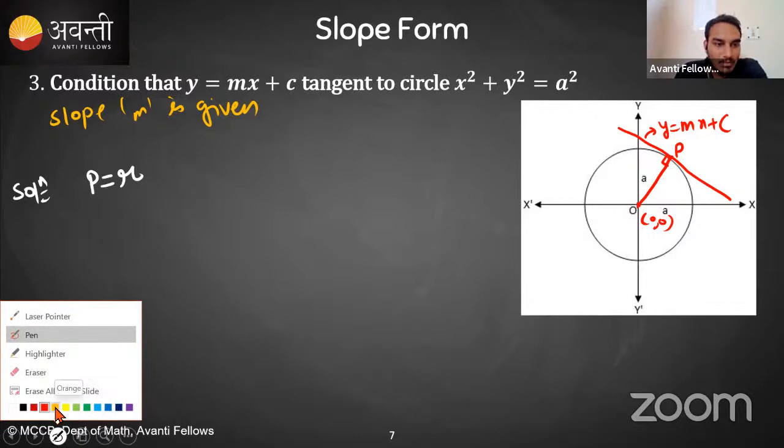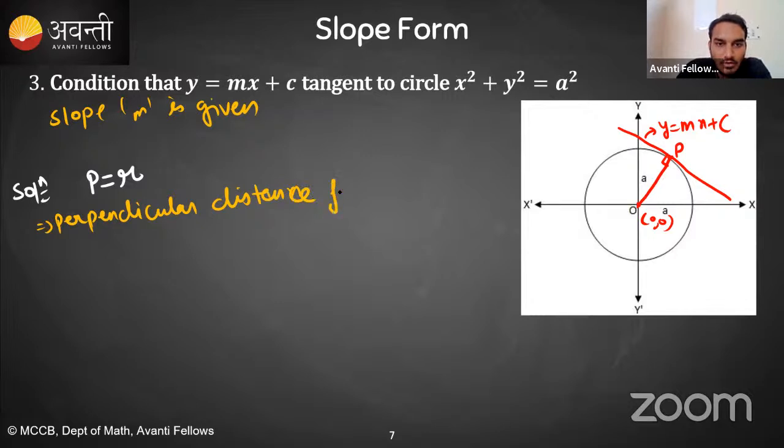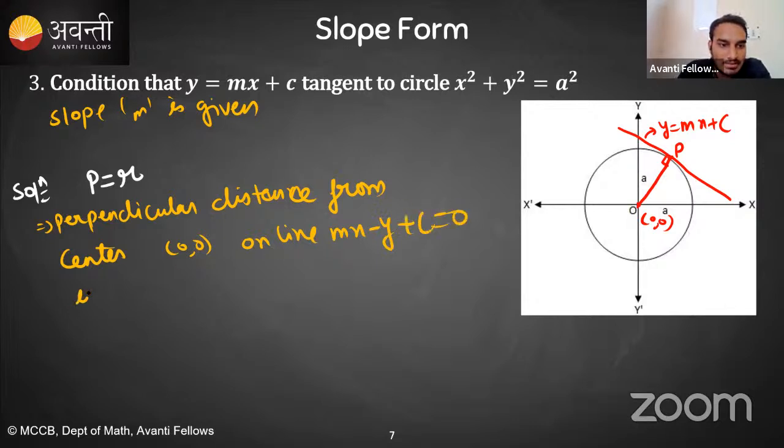So now the perpendicular distance from the center (0, 0) on the line, let's say mx − y + c = 0, is equal to the radius, which is a.